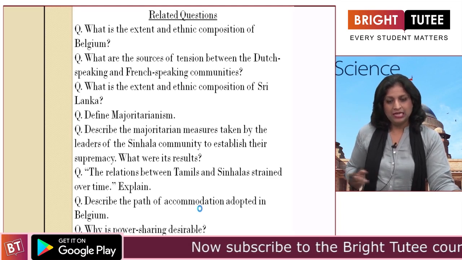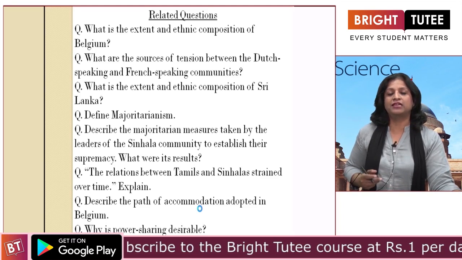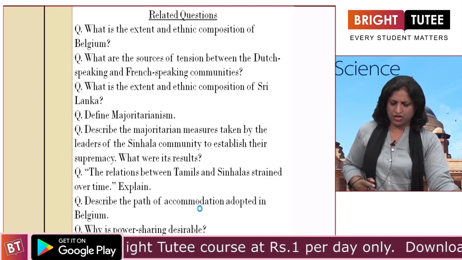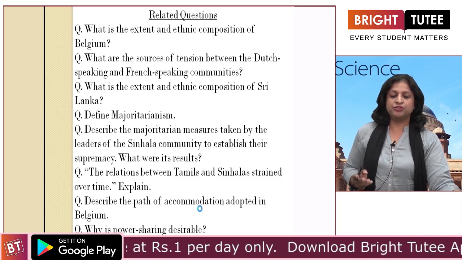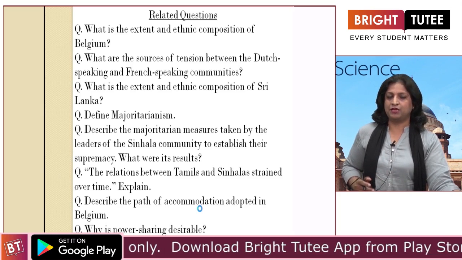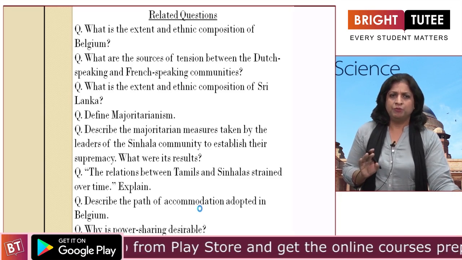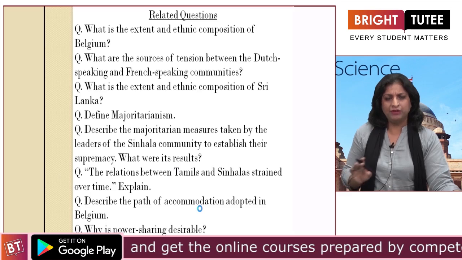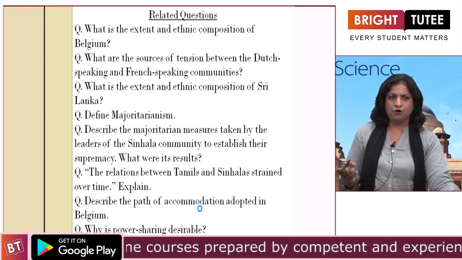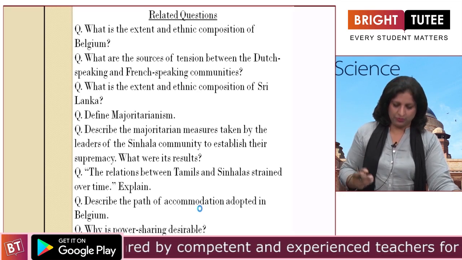And then we have seen how this resulted in a civil war, destruction, because of the tension between the Sinhalas and the Tamils. Because of that civil war, a lot of destruction, bloodshed, people left the country living as refugees. So all economic development comes to a standstill.